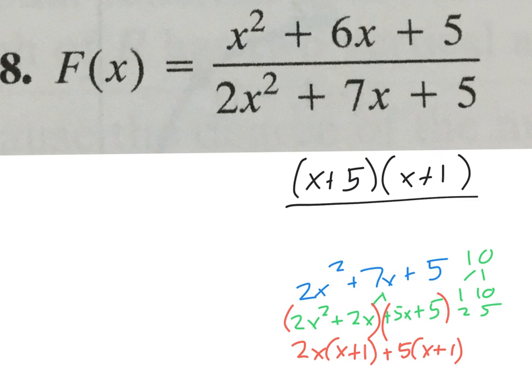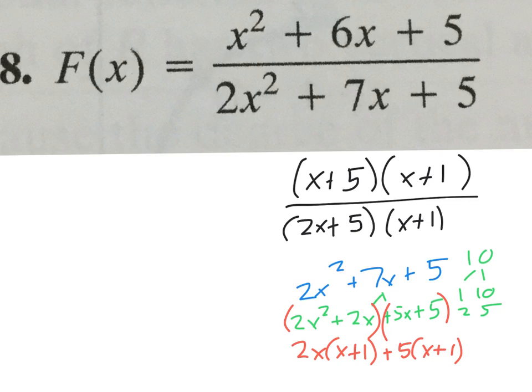And that's going to factor to be what's in front of the parentheses, 2x plus 5, times the matching parentheses, x plus 1. So now I have a factored form and a distributed form of my rational equation, which is great.